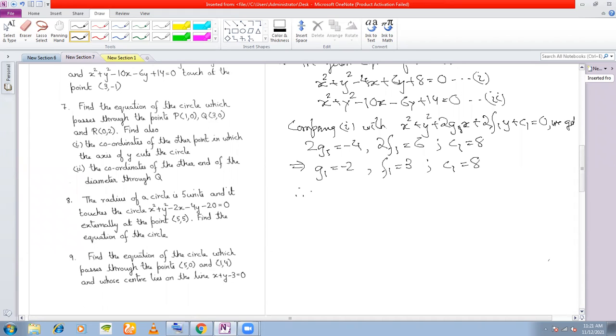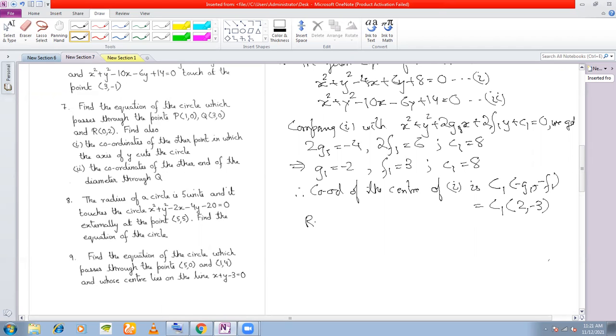So therefore, the coordinates of the center of 1 is C1 (minus g1, minus f1), which is equal to C1 (2, minus 3), changing the sign of g1 and f1. This is the coordinates of the center of the first circle.